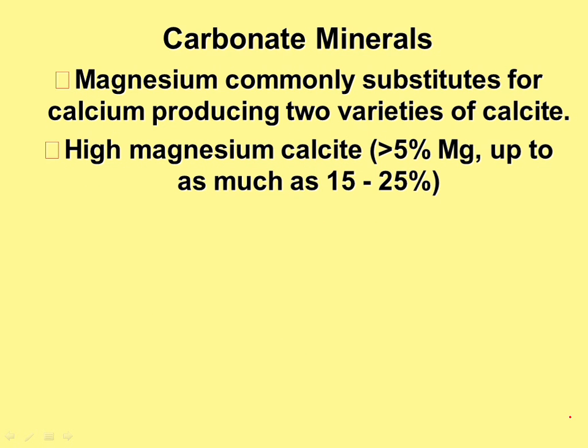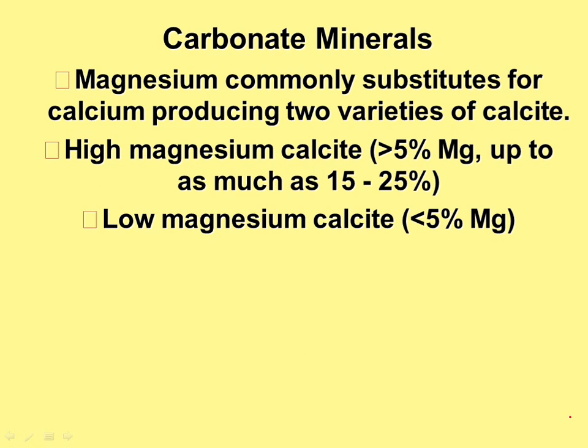You have what's known as high magnesium calcite, which contains a little bit more than 5% magnesium, up to as much as 15, 20, 25% magnesium. That category of calcite is known as high magnesium calcite. And then, as you would suspect, there must be something known as low magnesium calcite, and that is the form of calcite that has less than 5% magnesium present in its structure.